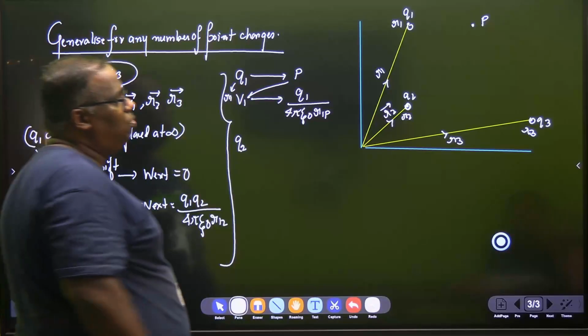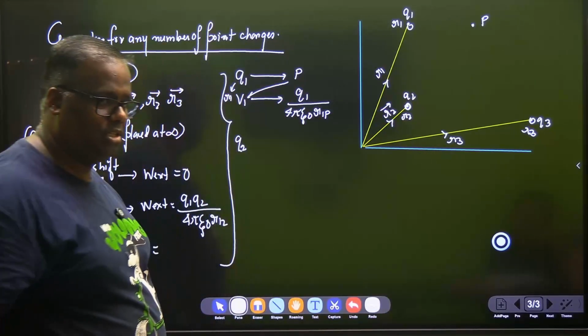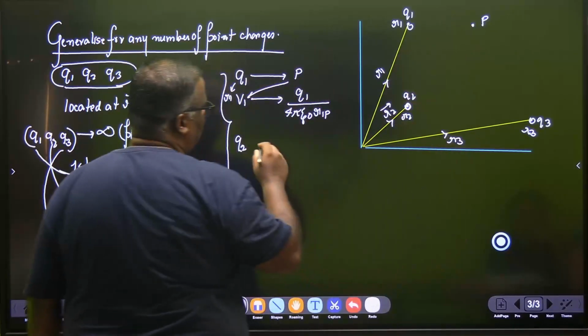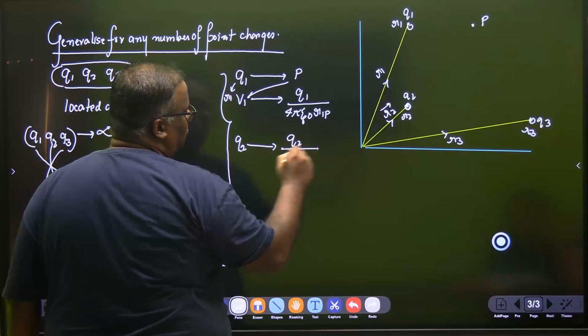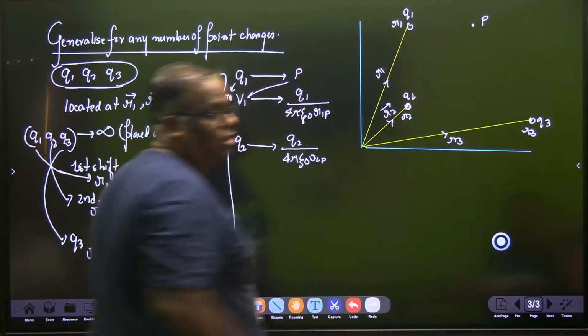You have now brought Q2 at R2. Now you are trying to find out what is the potential at P. Once Q2 has come, then Q2 creates a potential at P, which is given by Q2 by 4 pi epsilon naught R2P, individually for only Q2.